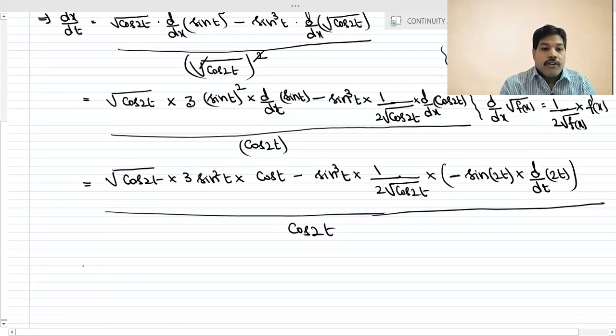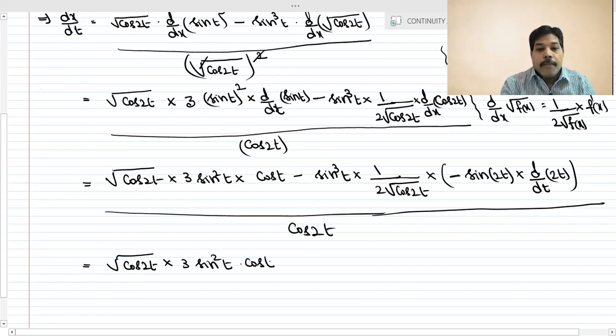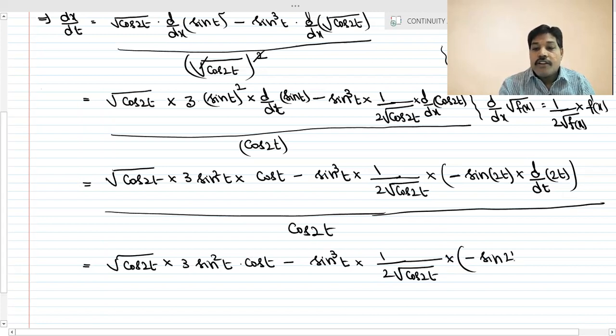So that is equal to root cos 2t into 3 sine square t into cos t, minus sine cube t into 1 by 2 into root of cos 2t into minus sine 2t into derivative of 2t with respect to t, which is nothing but 2 into 1.